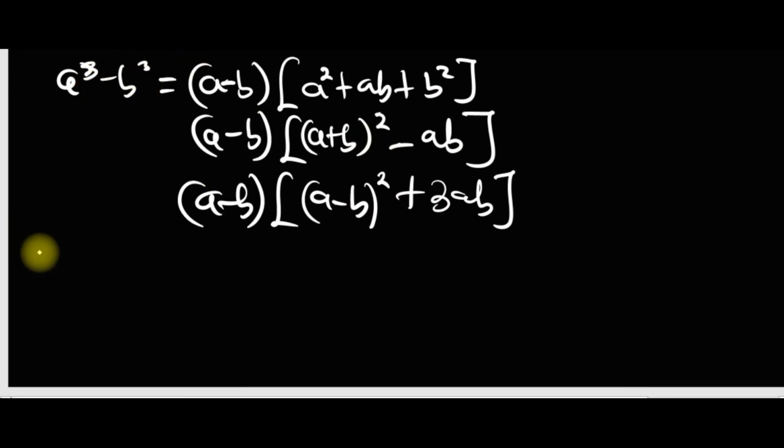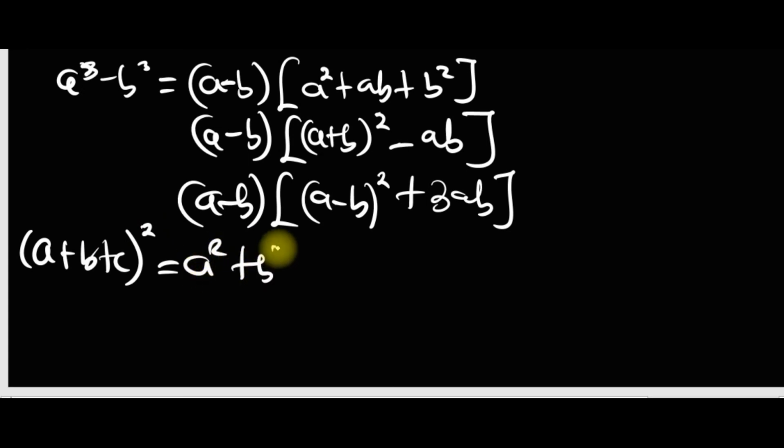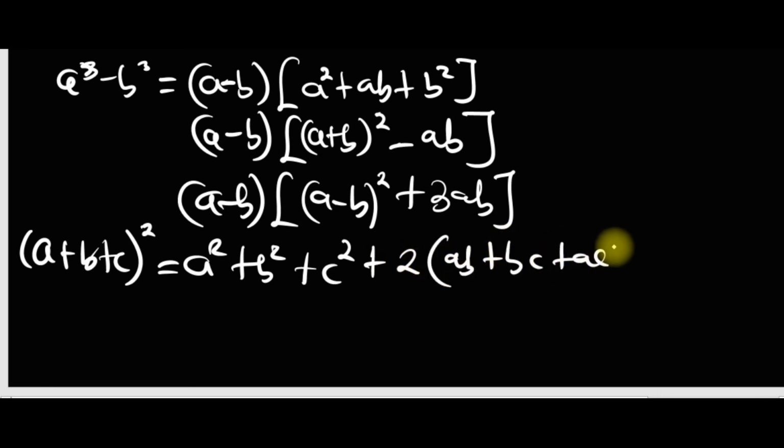So again, another identity: if you have a plus b plus c all squared, it's always a squared plus b squared plus c squared plus 2 bracket ab plus bc plus ac. This is another important identity.